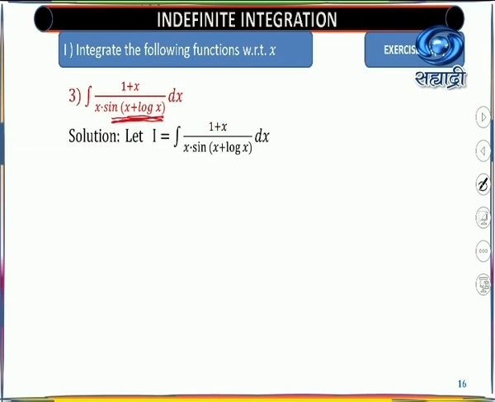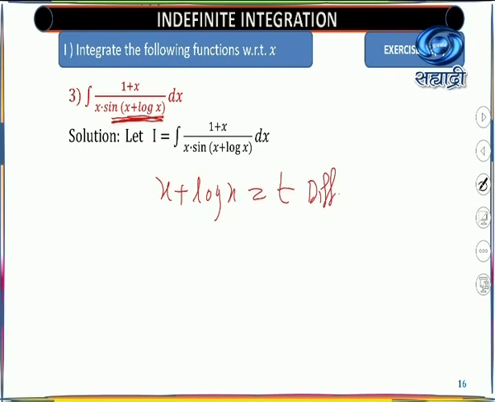So we'll start with our example, that is I equal to integral of 1 plus x upon x into sine of (x plus log x) dx. Now we'll observe that if you substitute x plus log x equal to t, what will happen after differentiation? Because we need to differentiate.